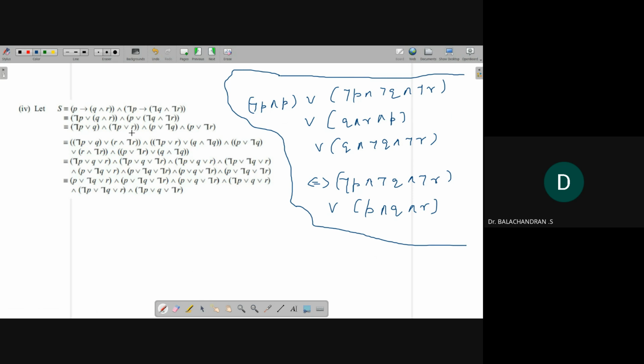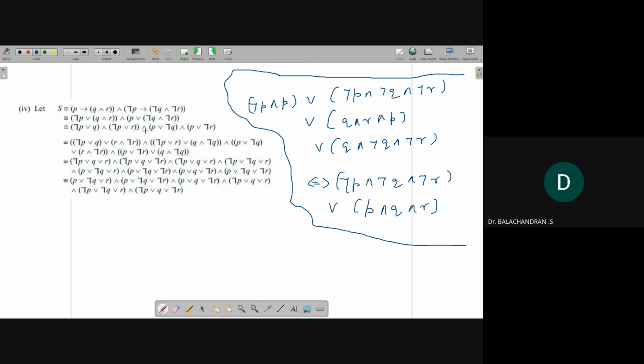Suppose instead of applying extended distributive law, you apply the distributive law, that is negation P or Q and negation P or R, and again apply distributive law: P or negation Q and P or negation R. Now look at here.